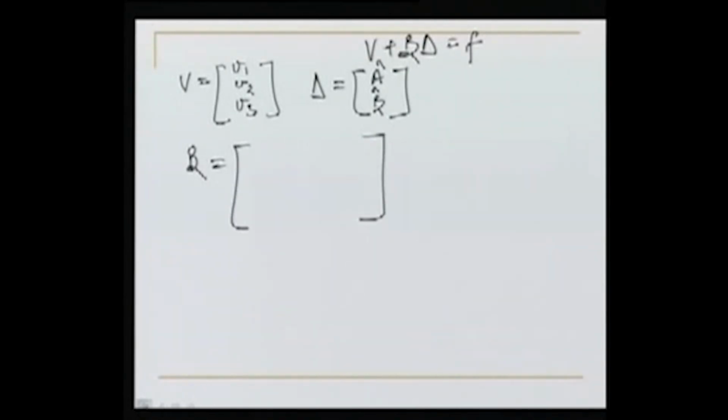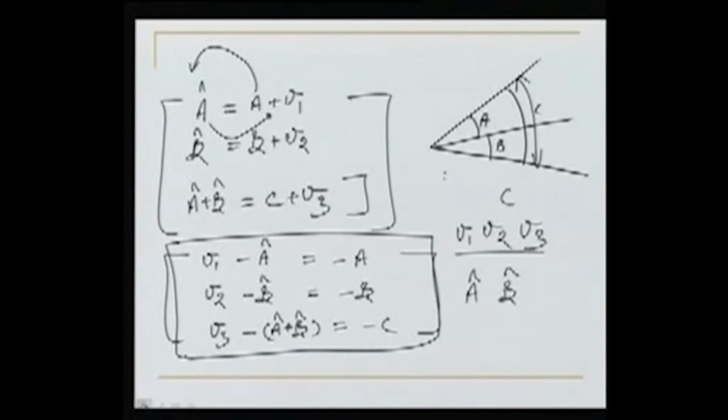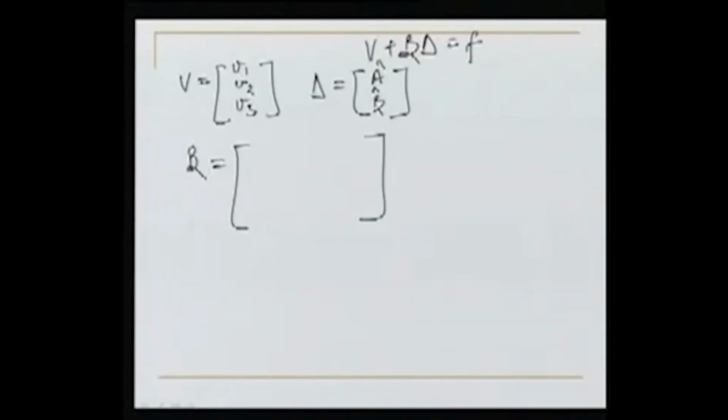To look at that, we have to go back. B is a matrix of coefficients of A hat and B hat. In the very first equation, the coefficient of A hat is minus 1 and the coefficient of B hat is 0. So it is minus 1, 0.